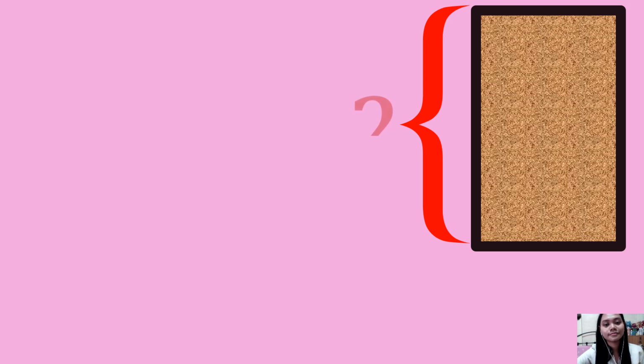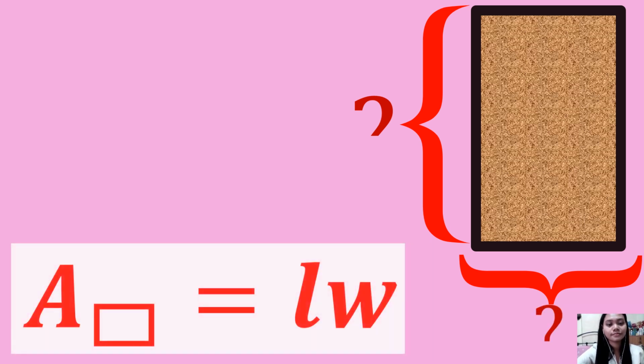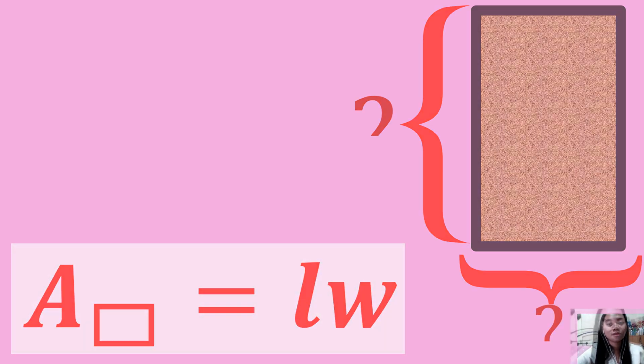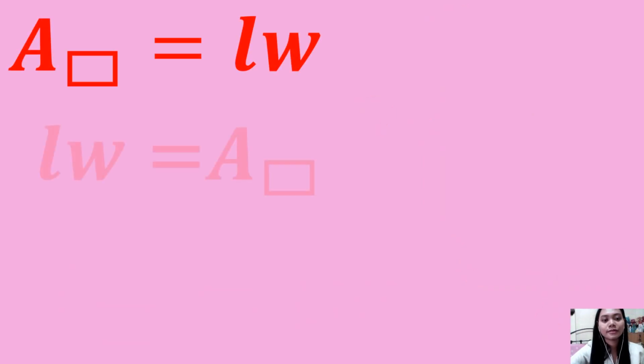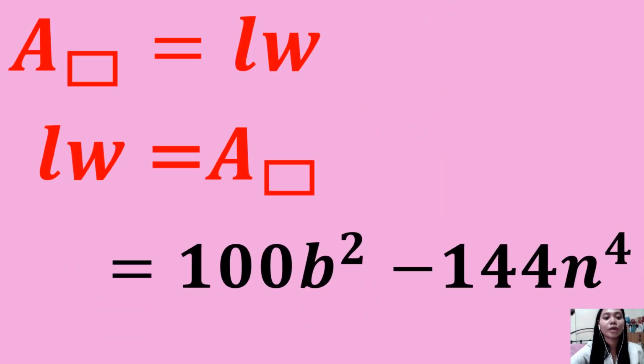Since ang shape ng ating basketball court ay rectangle, so meron kang length and width, at given ka ng area ng ating basketball court, which is 100b squared minus 144n to the fourth.